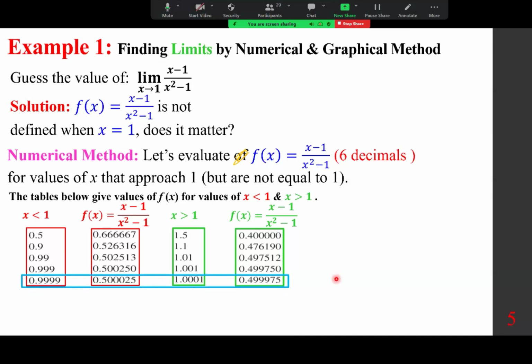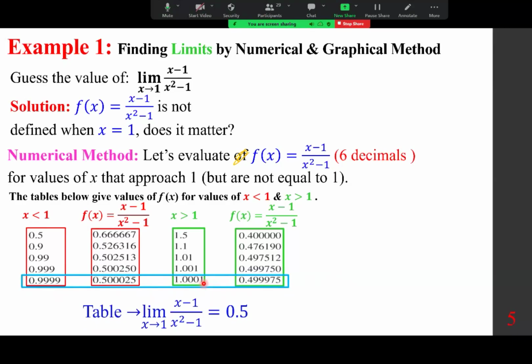So if you look at this last row, there seems to be the answer here for 0.9999 and this answer for 1.0001. And if it's not good enough to tell you the limit is 0.5, then add more nines here, add more zeros before 1, and evaluate.